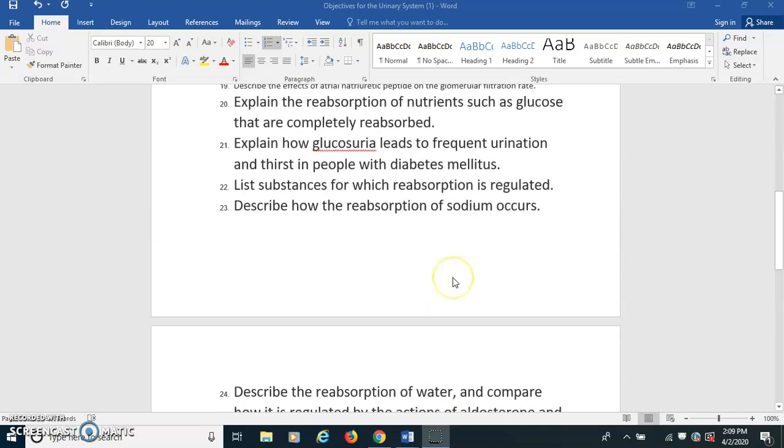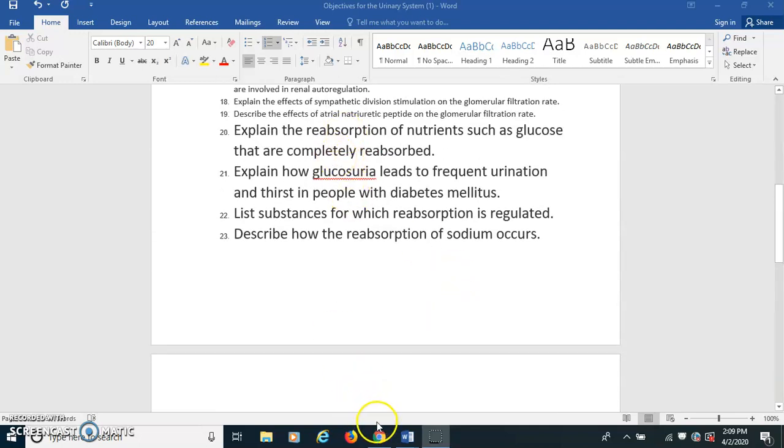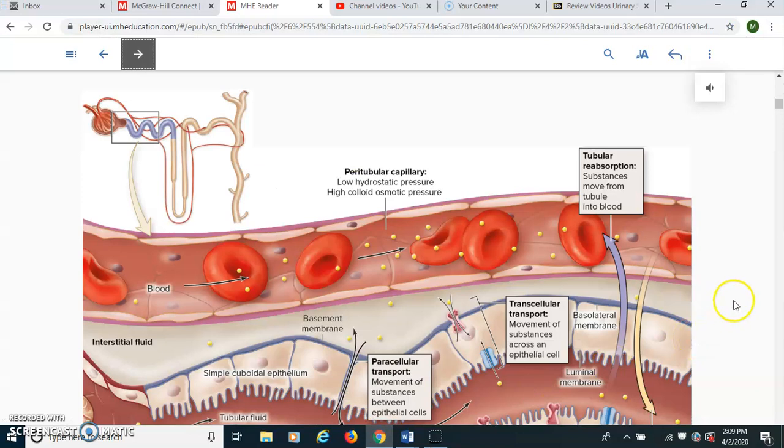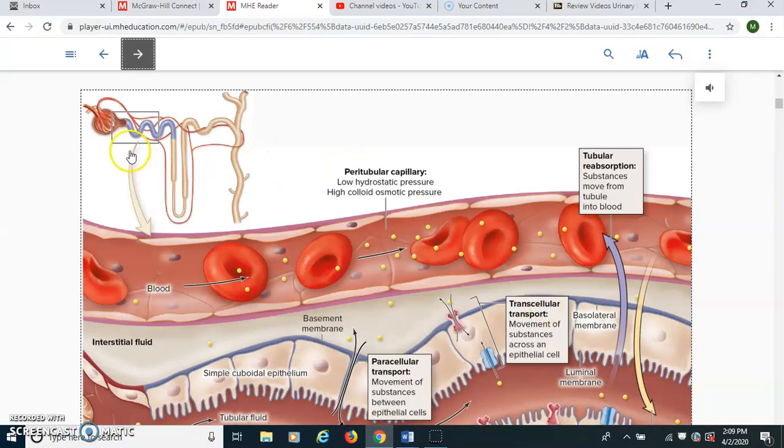Okay, so first we're going to talk about substances that are completely reabsorbed. So remember our nephron here. Remember, it's not anatomically correct, but it's easier to look at it this way and talk about these processes. So we have a renal corpuscle here, our afferent and efferent arteriole coming in there to the glomerulus, coming in and leaving.